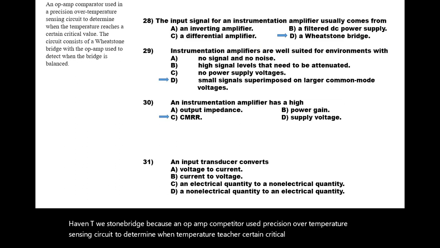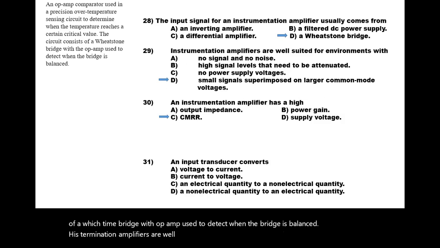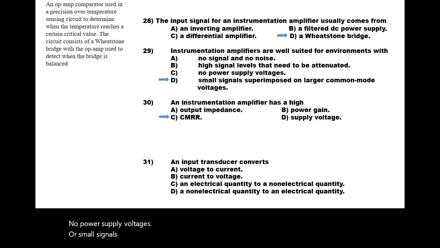The circuit consists of a Wheatstone bridge with an op-amp used to detect when the bridge is balanced. Instrumentation amplifiers are well suited for environments with no signal and no noise, high signal levels that need to be attenuated, no power supply voltages, or small signals superimposed on large common mode voltages.